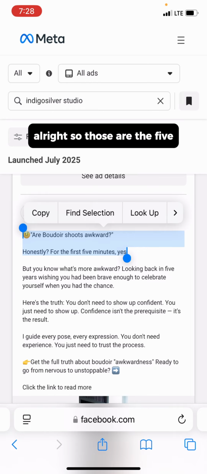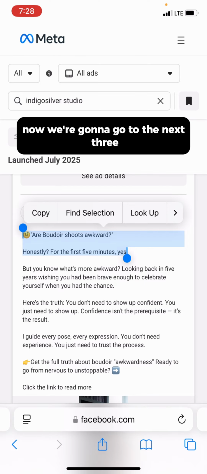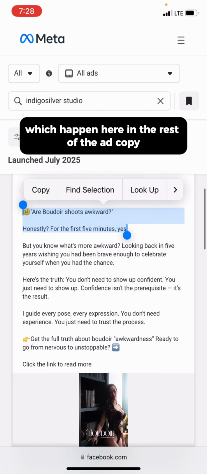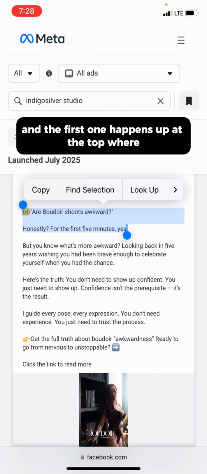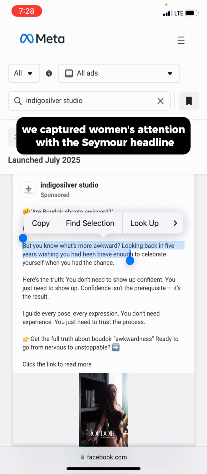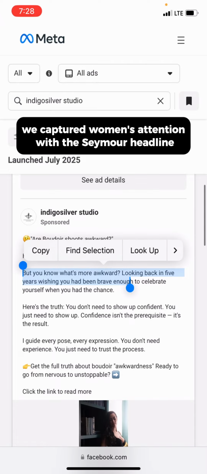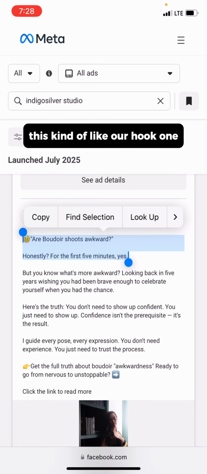All right, so those are the first five mistakes that can happen in a boudoir Facebook ad. Now we're going to go to the next 3, which happen here in the rest of the ad copy. And the first one happens up at the top, where we captured the women's attention with the See More headline. We got them to click dot dot dot see more. This is kind of like our hook 1.